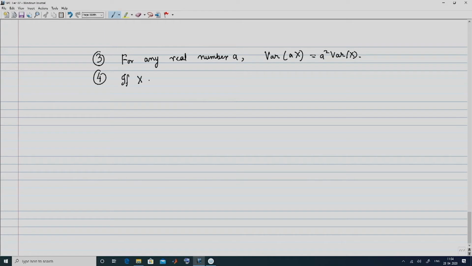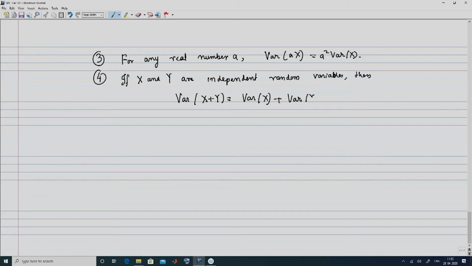If x and y are independent random variables, and this is very crucial, then the variance of x plus y is going to be the variance of x plus the variance of y.